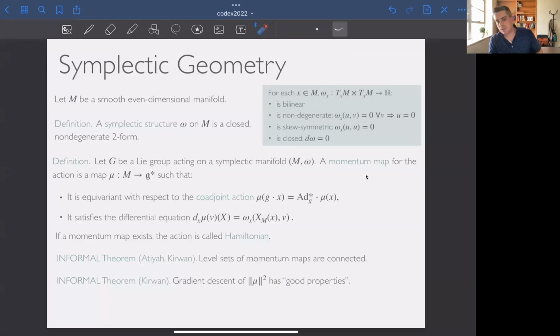But the point is, this was the inspiration for being able to say something about the frame potential. The punchline is that the frame potential is a norm squared of a momentum map, which means that you can unpack all the stuff that Kirwan knows about these things in this special circumstance and pin down some really precise behaviors of gradient descent there.